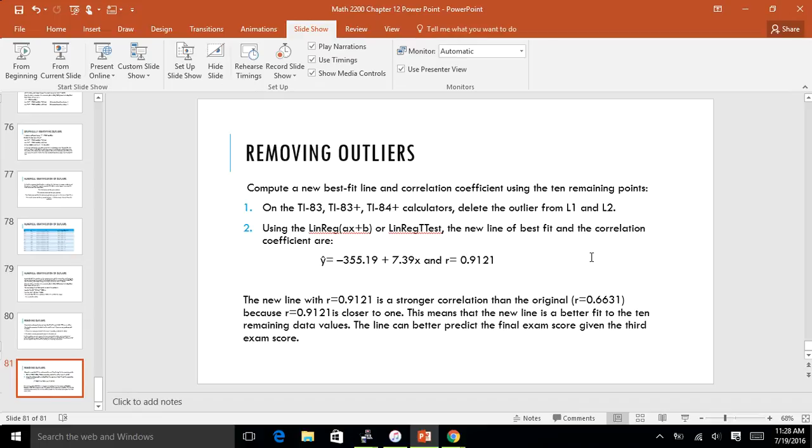So that means the remaining 10 data values are a better predictor than the 11 when we took out the outlier. Why do we know that? Because of this R value.